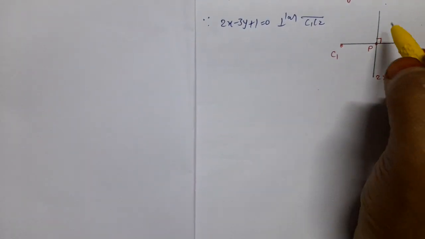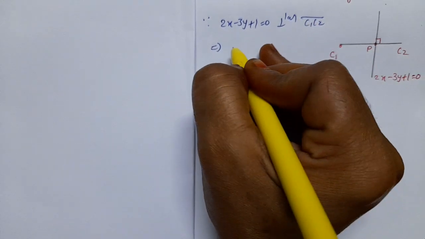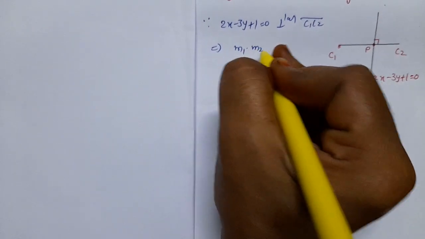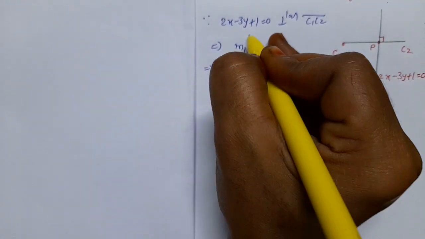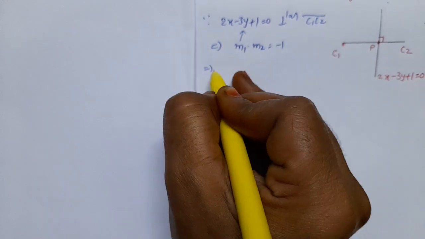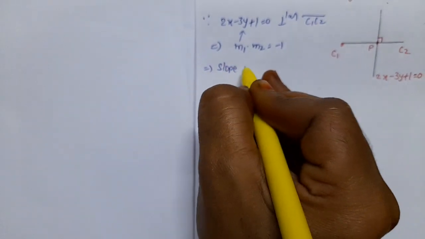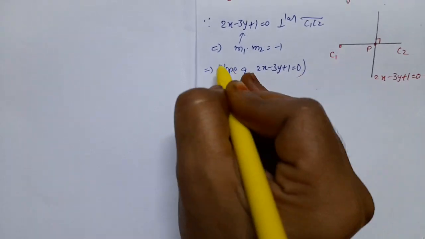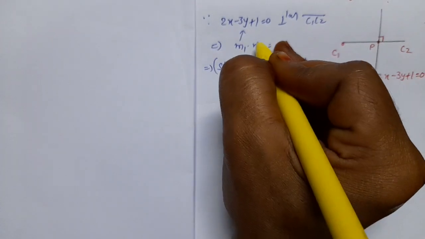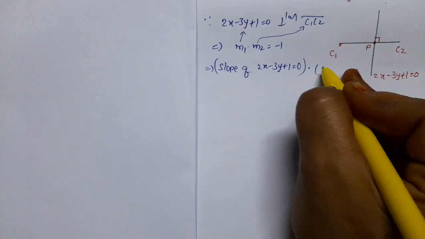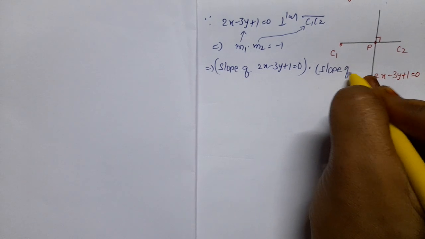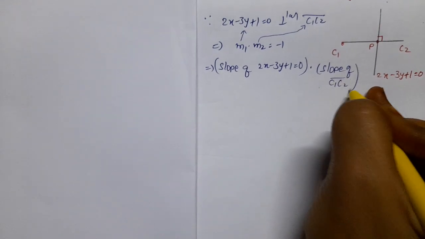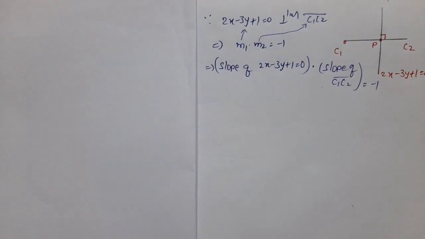If two lines are perpendicular, then the product of slopes is minus 1. So m1 is the slope of 2x minus 3y plus 1 equal to 0, into m2, the slope of the C1 C2 line, equal to minus 1.